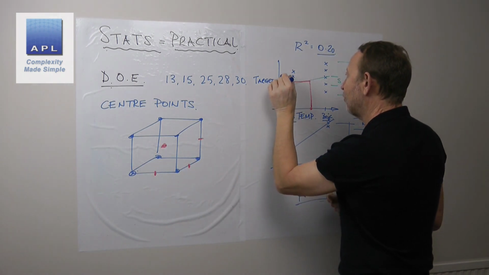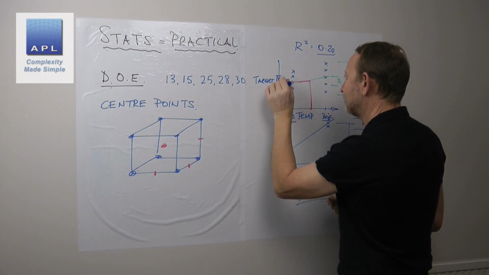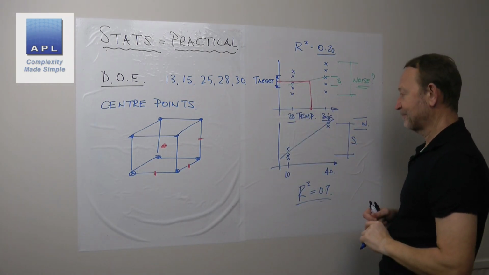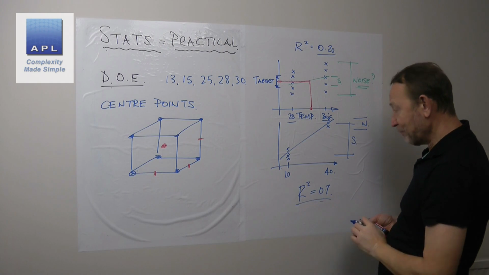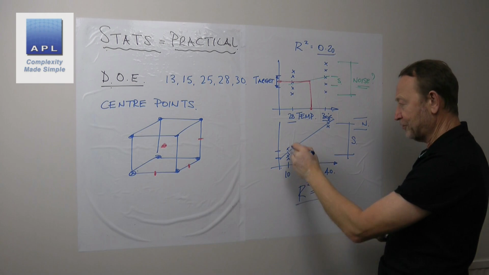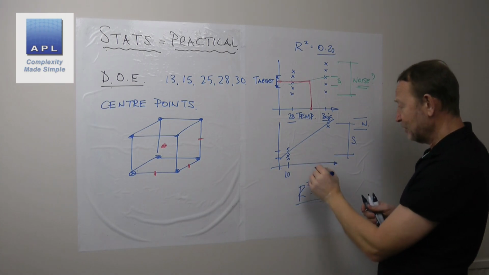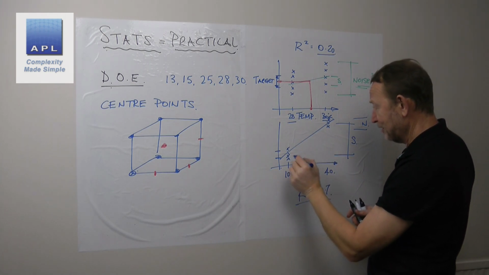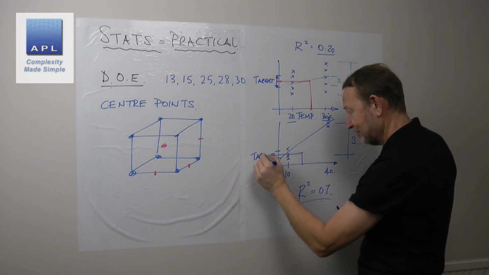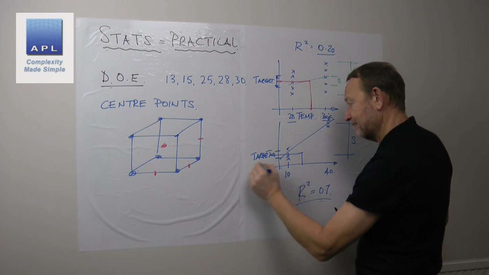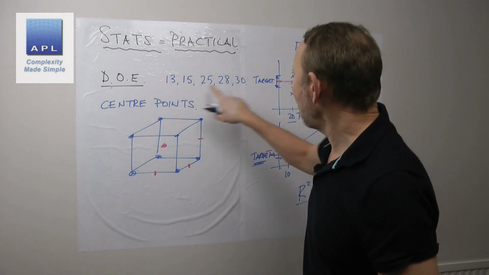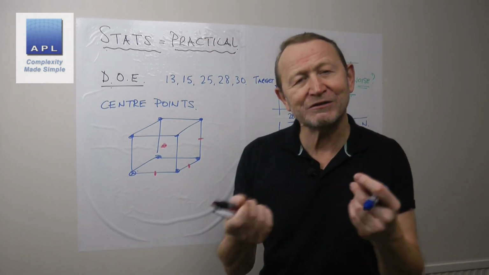So I've got a tolerance that looks like that, but I've got noise that looks like that. So even down here, I've driven my R squared up, but my tolerance is still much smaller than my noise. So is it any use to me to be able to hit a target? If I hit that target, will it remove my defect rate? No. The problem's with your noise. It isn't with your signal.